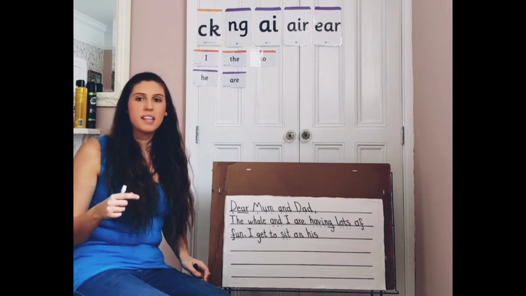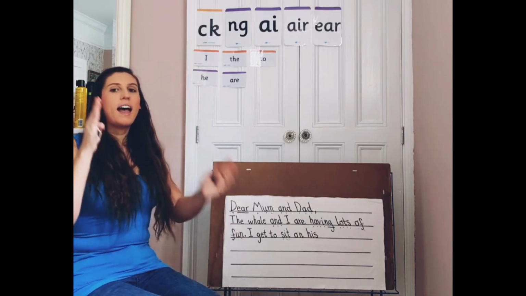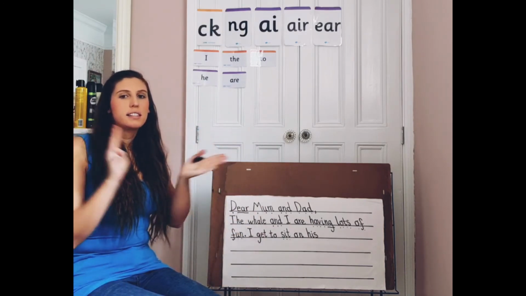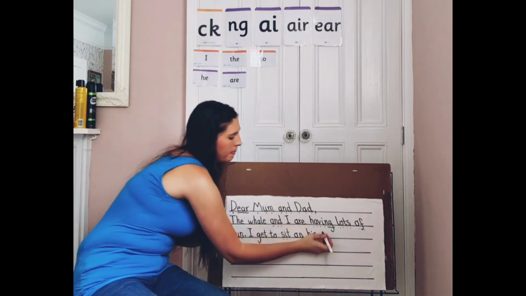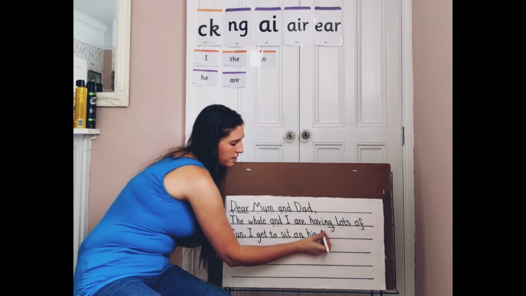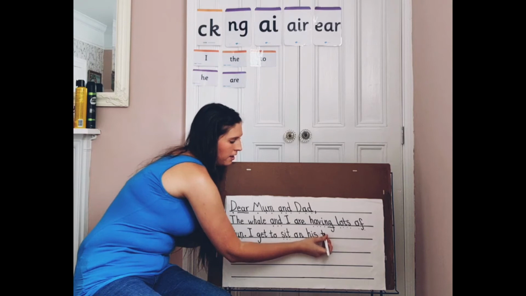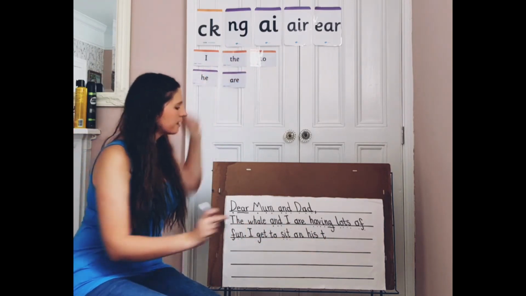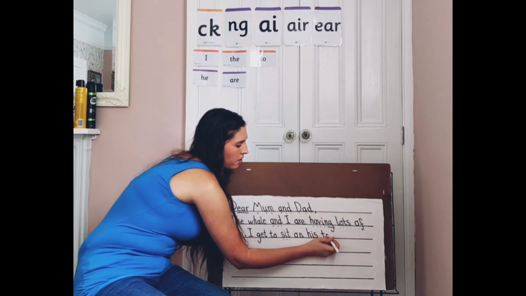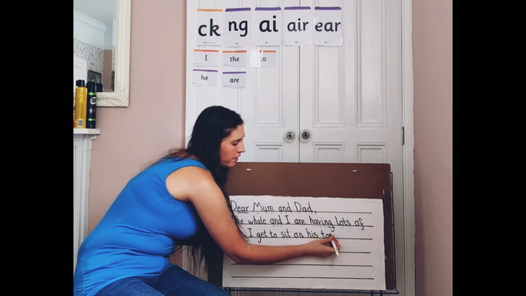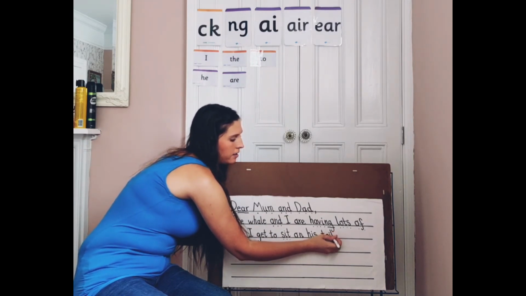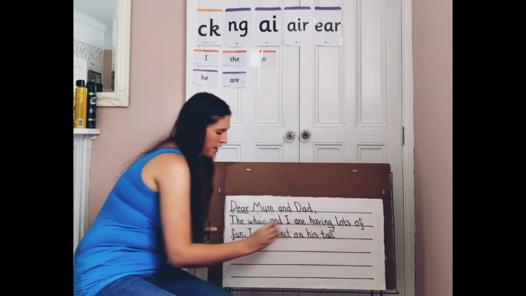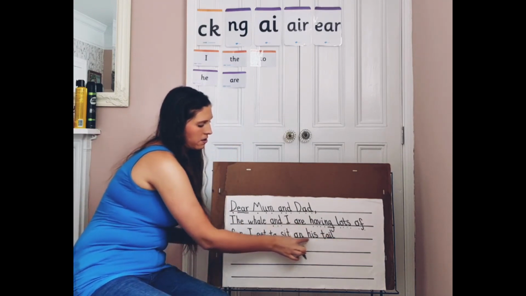So let's sound out tail. Okay. So again, finger space. A, remember our A sound? There it is. An A and an I. There we go. I get to sit on his tail.